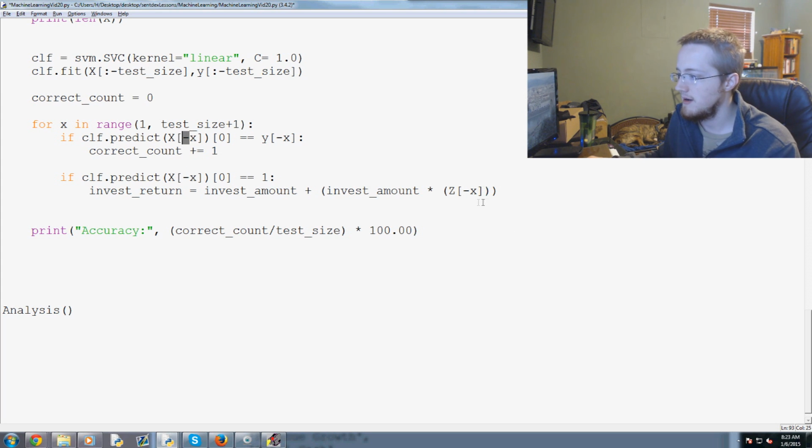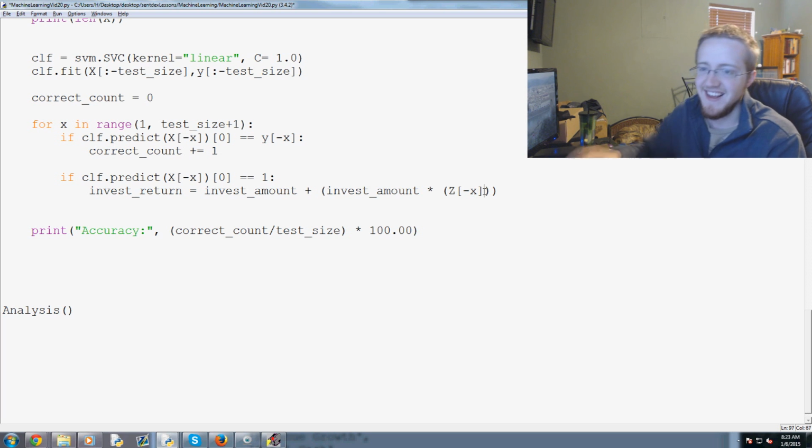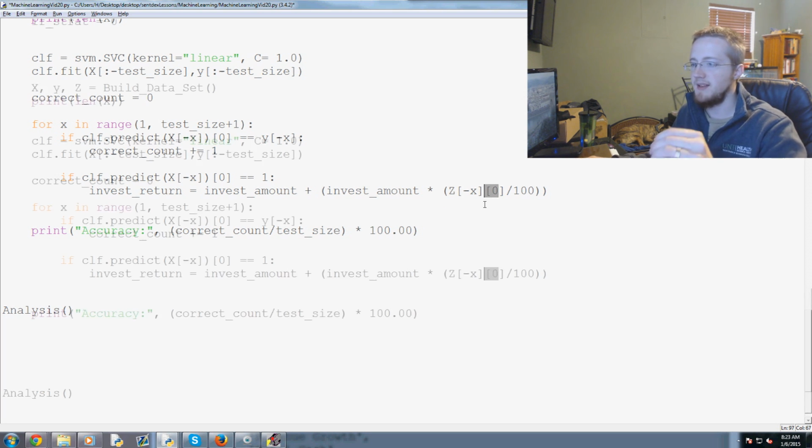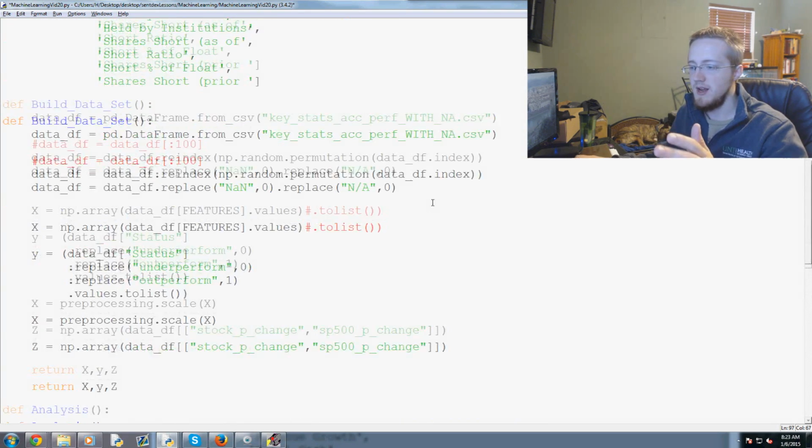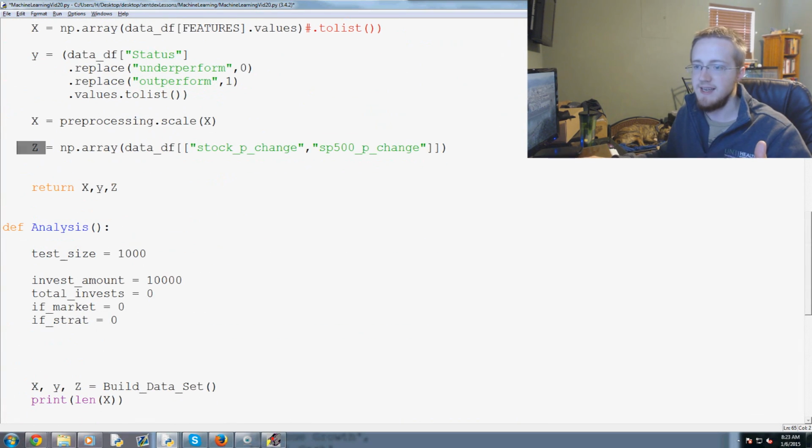So z, oh man, I'm kind of lost now. Hold on. Okay, yeah, z, the negative x of the 0th element, and then divided by 100. Okay, so that is basically the z minus x 0. That means that if, let's go up to the very top here, the 0th element of that z of the negative x index. I'm having a really hard time explaining this.